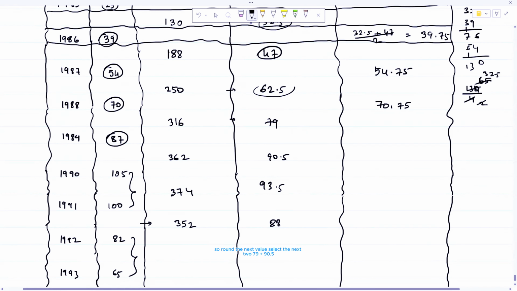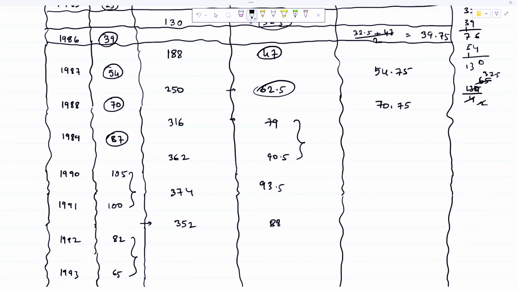So round the next value, select the next 2. 79 plus 90.5 divided by 2, 84.75. Next, round the next number. Select the next 2. 90.5 plus 93.5. It will be 184 divided by 2 is 92 exactly.